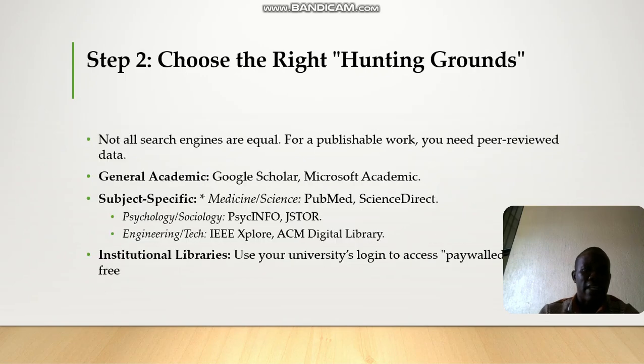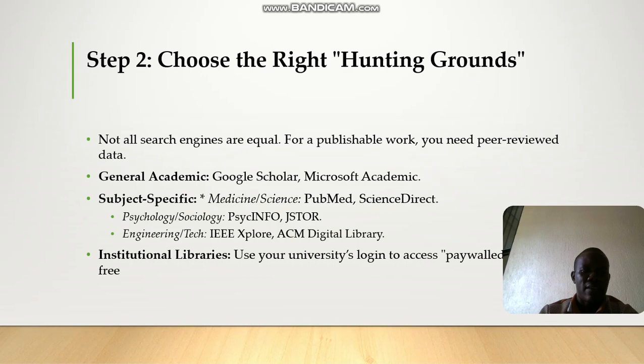After the first step, in step 2, you move to what is called choose the right hunting grounds. Not all search engines are equal. For a publishable work, you need peer-reviewed data. So there is general academic, like Google Scholar or Microsoft Academic.